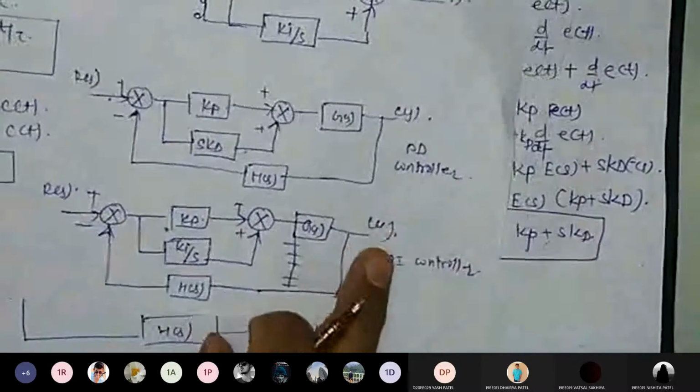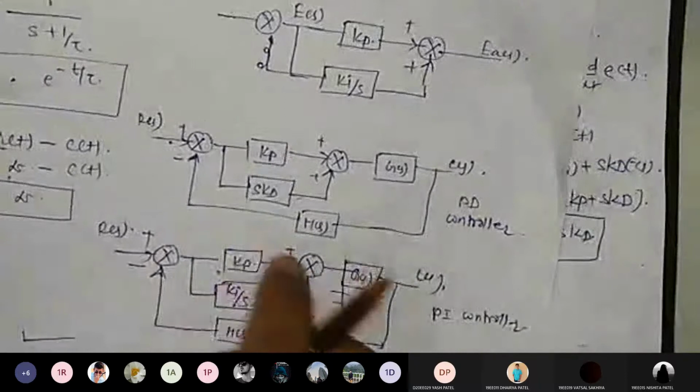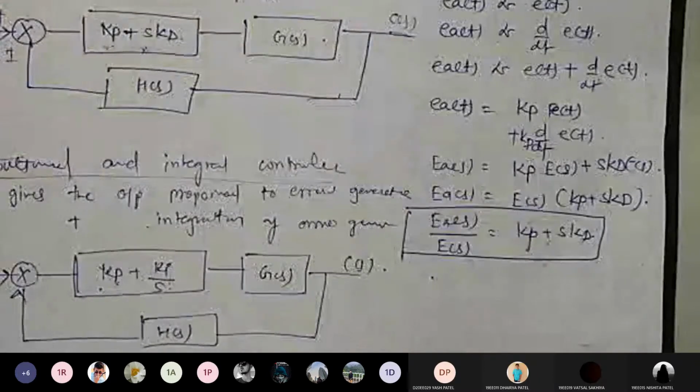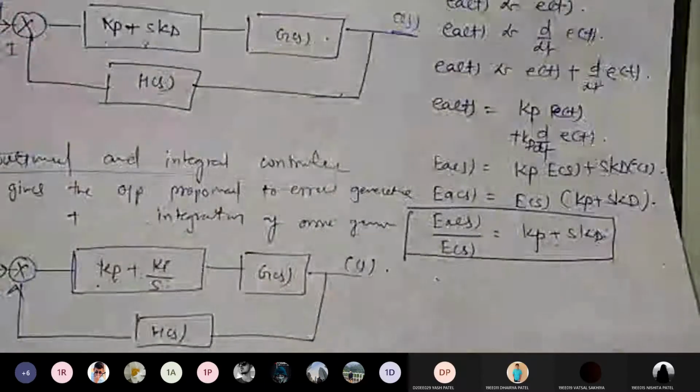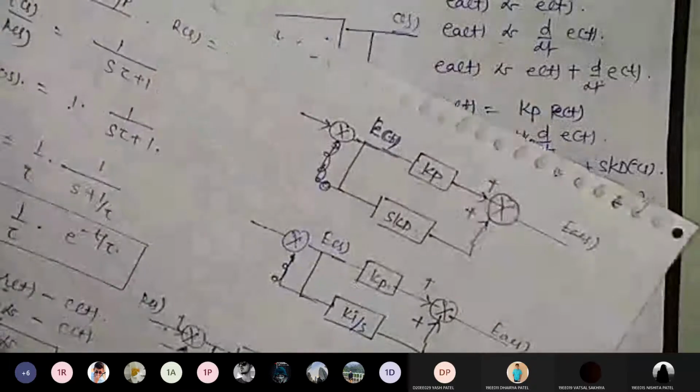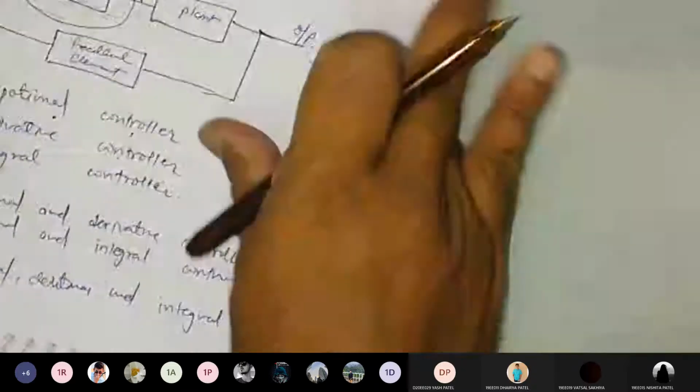Similarly, you have to draw for the PID controller. For the PID controller, one more path will come up from here. Done. Let me draw for you because maybe I have missed something. It will be looking like this. We are having a PID controller. So for the PID controller, we will be having one error generated.